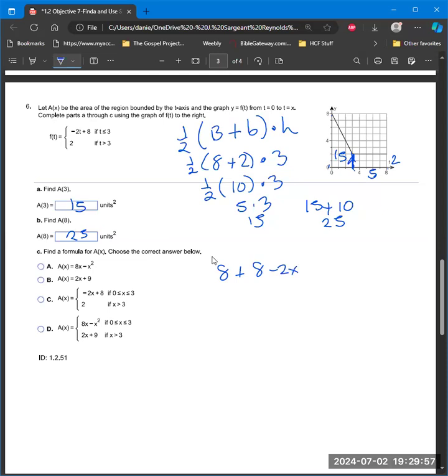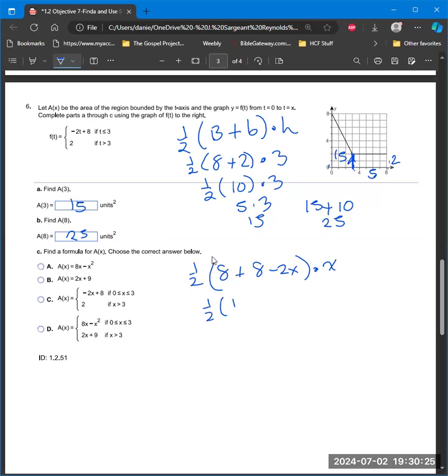Every time I go right 1, I go down 2, and so on. We want 1/2 of that to average those bases out, times our height, which is our x value.